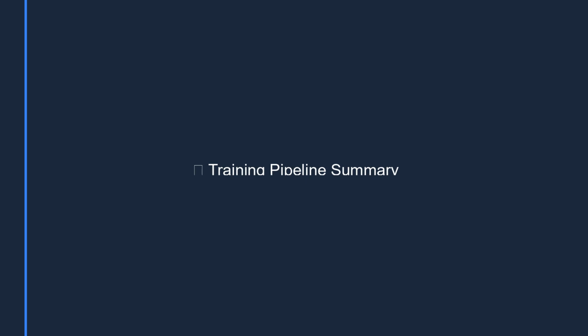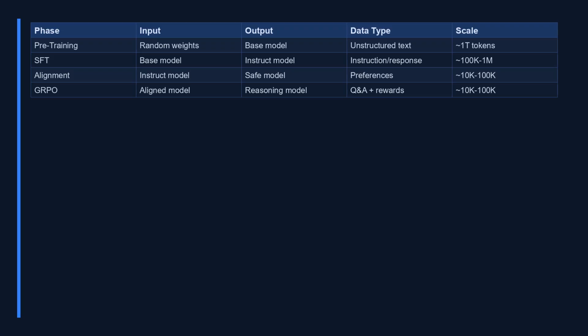Training pipeline summary. Here's the complete picture in one place. Pre-training takes random weights and produces a base model trained on roughly 1 trillion tokens of unstructured text. SFT takes that base model and produces an instruct model trained on anywhere from 100,000 to 1 million instruction response pairs.